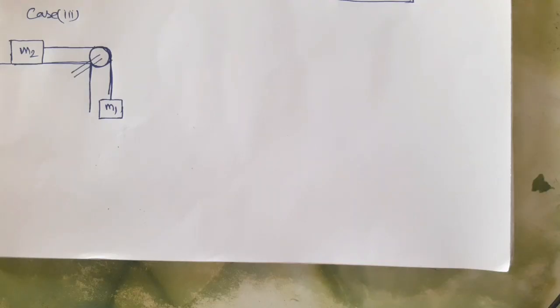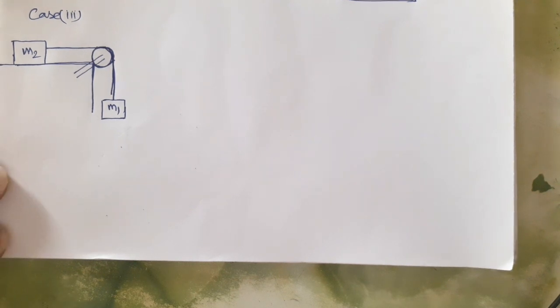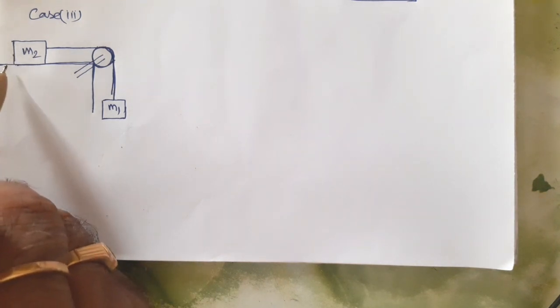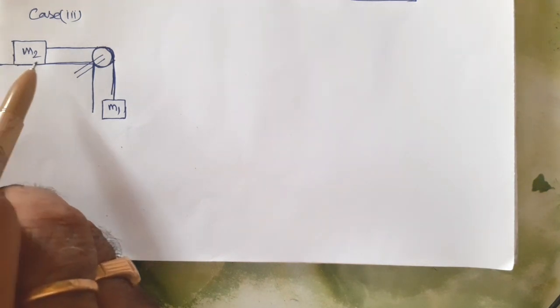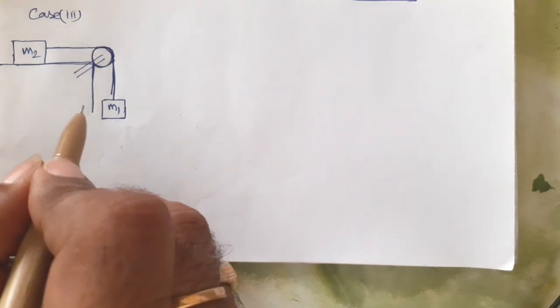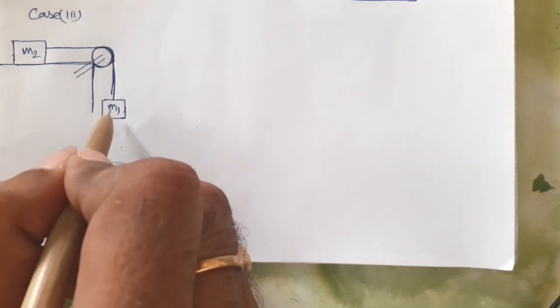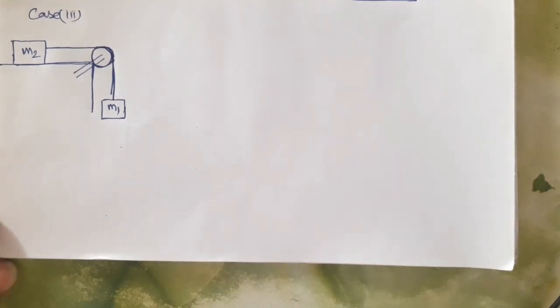Case 3. Two bodies of masses m1 and m2 are connected by a light inextensible string which passes over the horizontal pulley. Here m2 is on the smooth surface, m1 is hanging. Here also we have to calculate the acceleration as well as the tension.